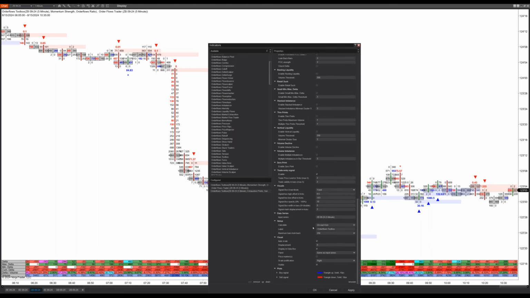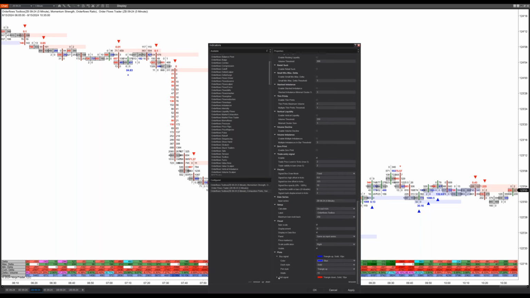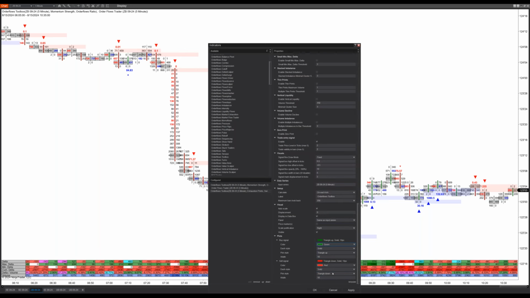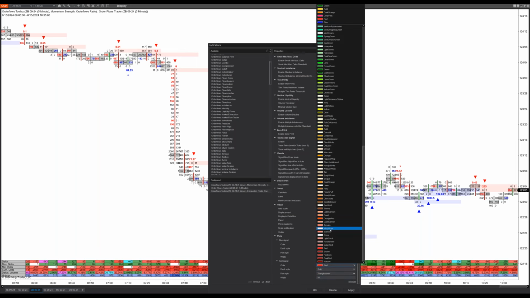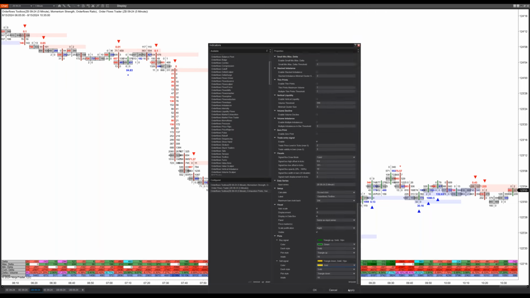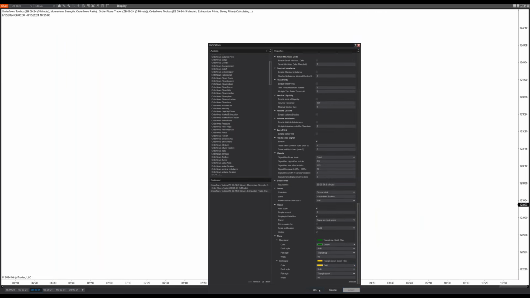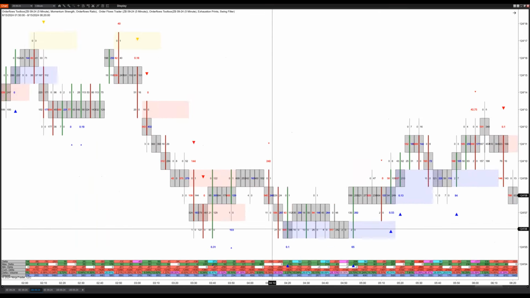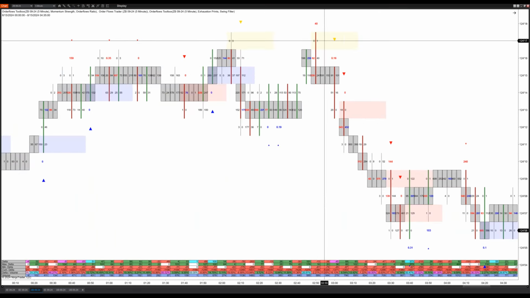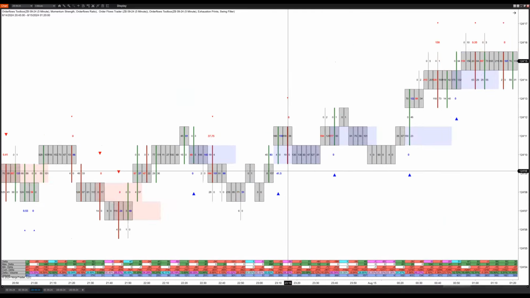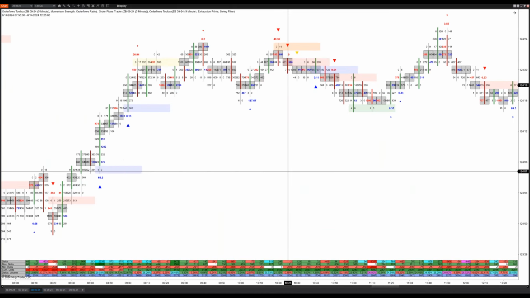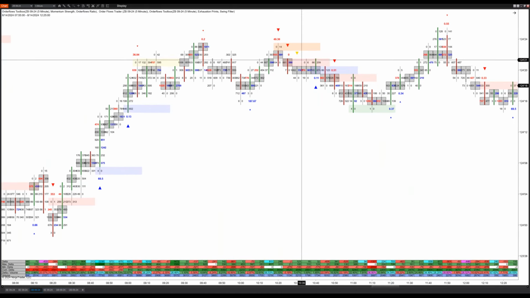If you're going to use something that's opposite, say a reversal, for bullish I'll do green, for bearish I'll do that gold color. So let's see if anything comes up. You can see here, there's the gold, there's the gold. Bond's not necessarily a good example, but here's the gold.